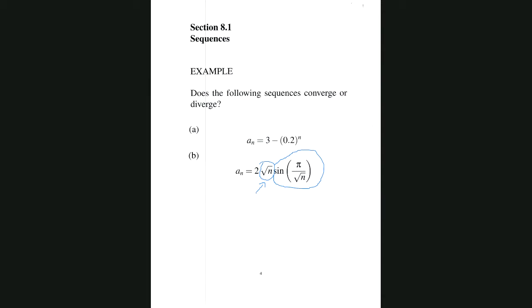Because when we're looking for a convergence of the sequence, we're trying to compute the limit as n goes to infinity. What's the first factor, square root of n, approach as n gets large?